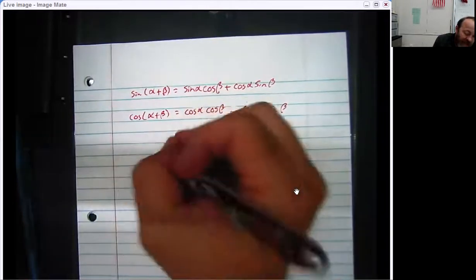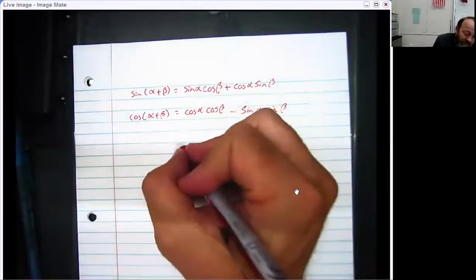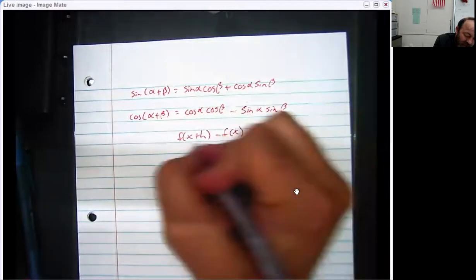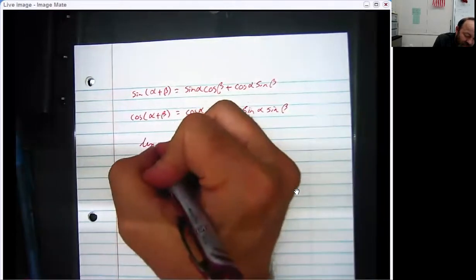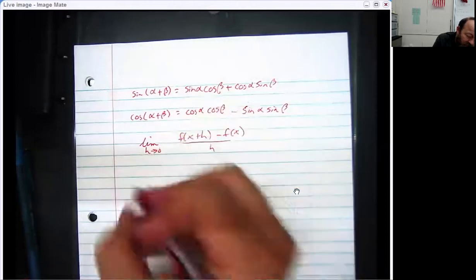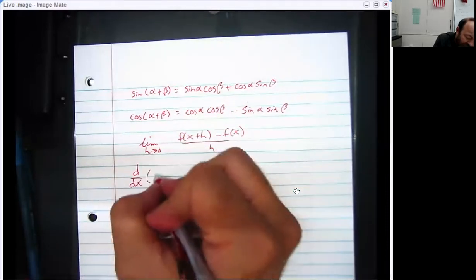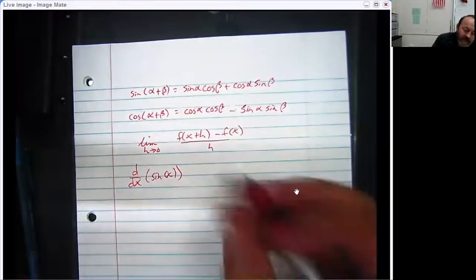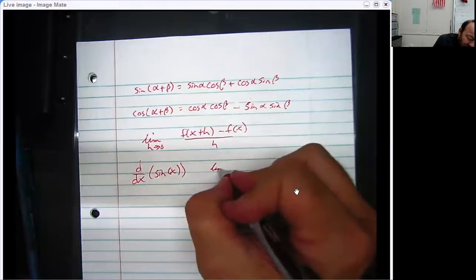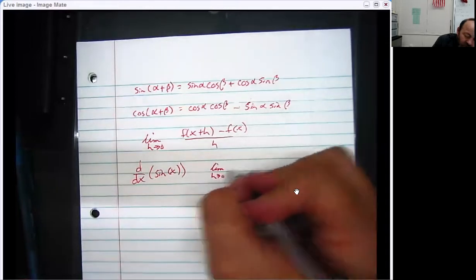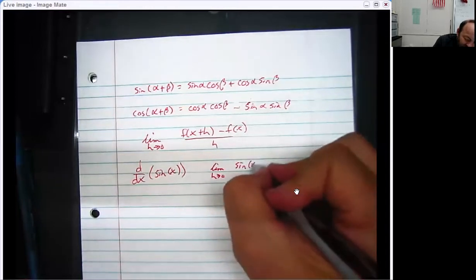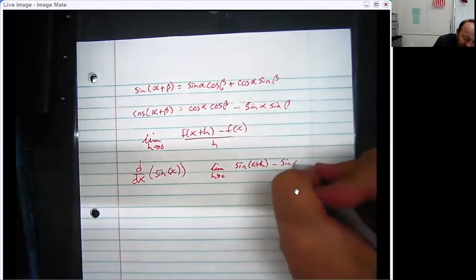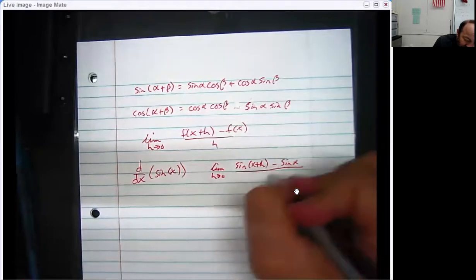So let's take a look at, again, the derivative of the sine. But we're going to go back to the formal definition again. You're going to see that we kind of are forced to do this frequently. So let's see what happens if someone asks us to take the derivative of the sine. It's kind of a surprising result. So let's see. This would be the limit as h goes to 0 of the sine of x plus h, that's f of x plus h, minus the sine of x itself, which was f of x itself.